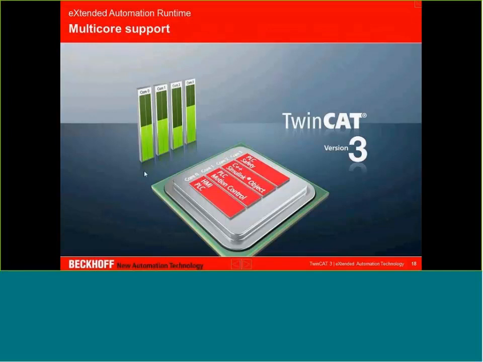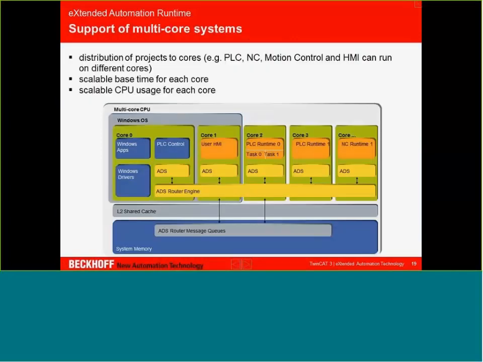And then you can assign these out to however many cores you have. This is one of the really nice things in TwinCAT 3. You can really utilize the entire processor. And again, as you see, our ADS router here is the under-the-hood language as we talk to all these different devices. It's really the core of how everything in TwinCAT works.